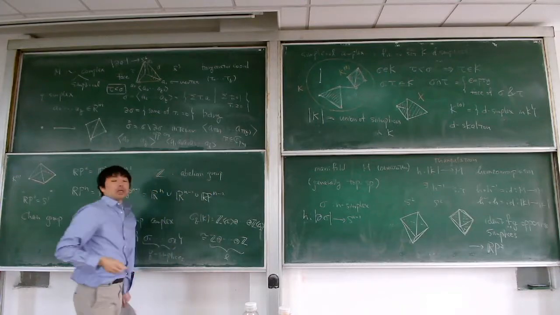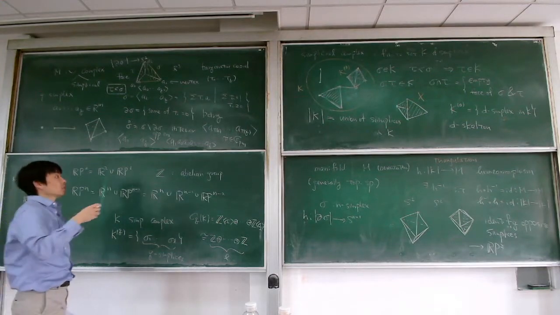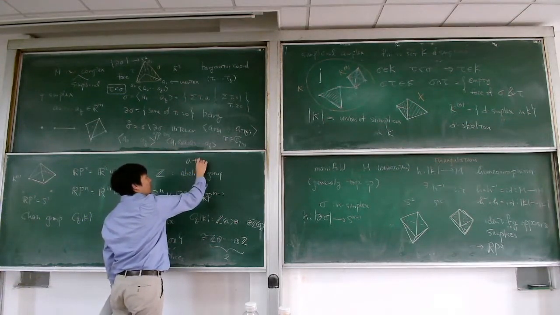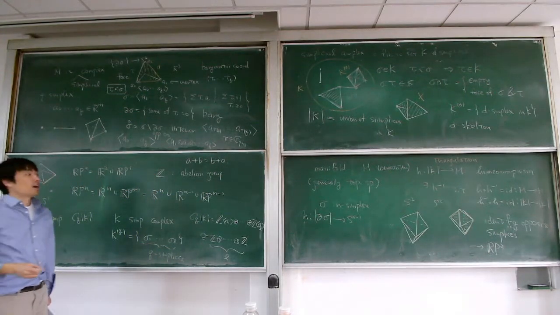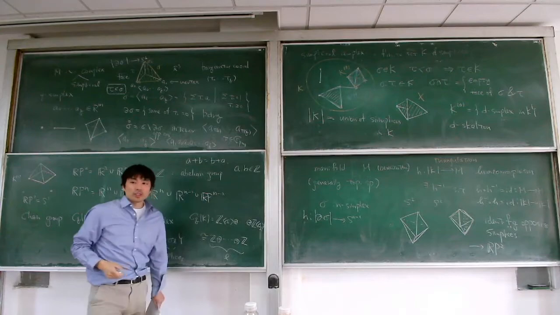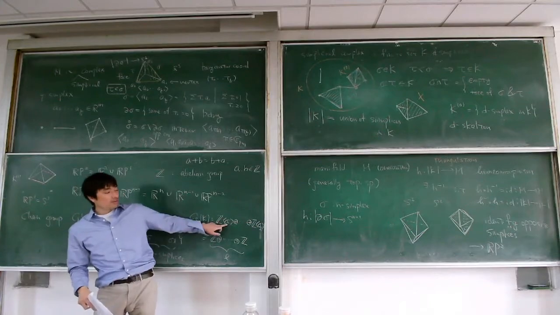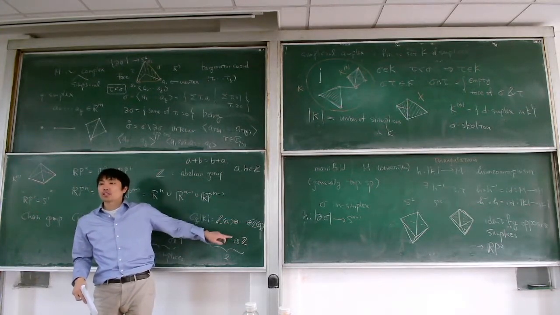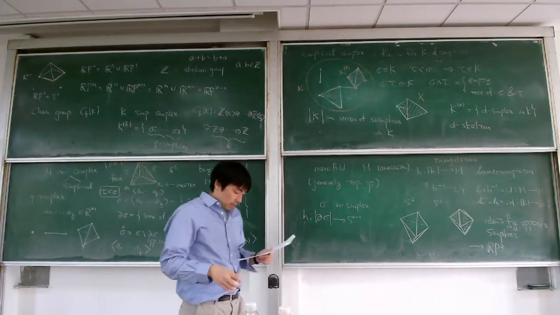Do you understand the notion of abelian? It commutes under the group operation, so essentially A plus B is equal to B plus A, where A and B are integers. This means that for the chain group, you just count a bunch of copies of simplices. Very simple notation.